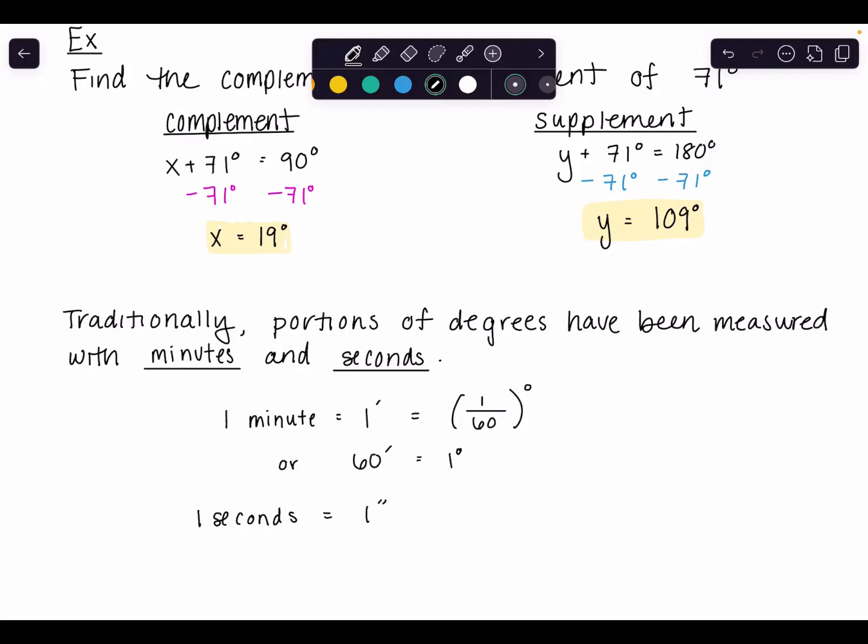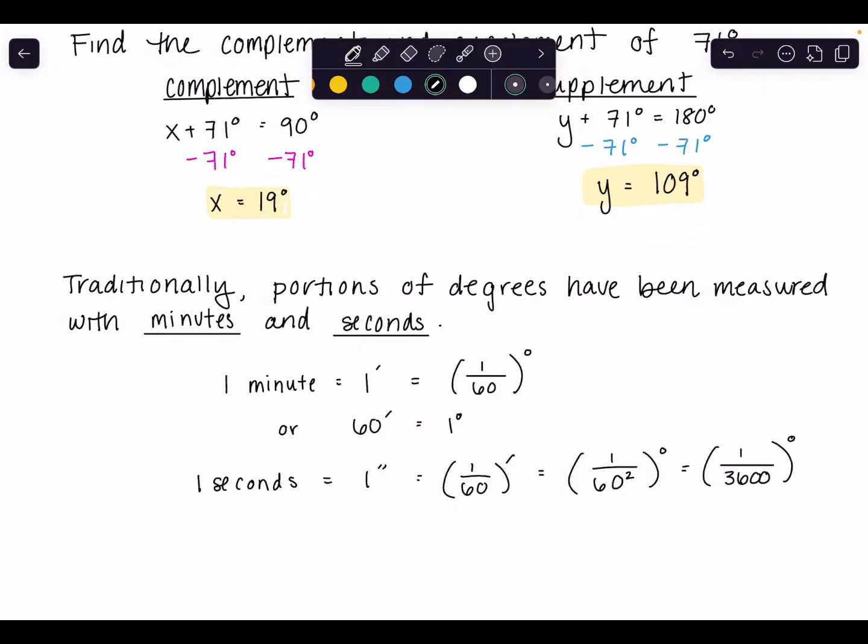This breaks the minutes down further. So it breaks the minutes into 60 parts, which really, because a minute breaks down a degree into 60 parts, this is 1/60 squared of a degree, or 1/3600th of a degree. Okay.